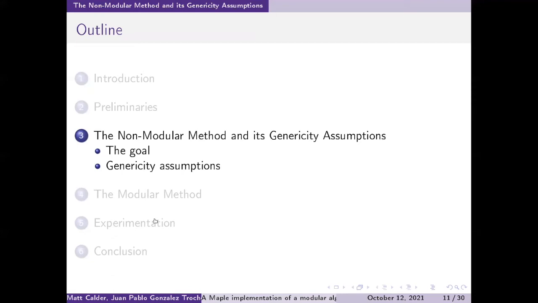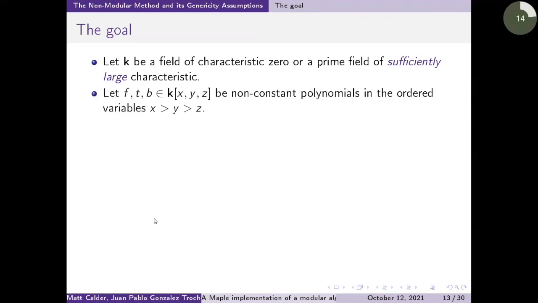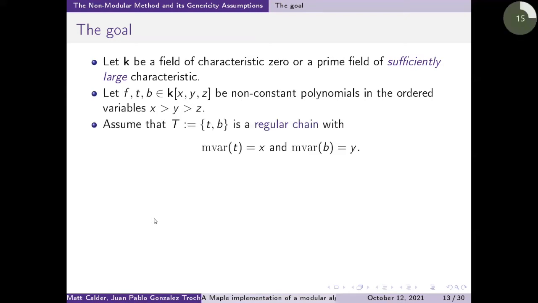Now we're going to explain the non-modular method and its genericity assumptions. The goal: let K be a field of characteristic 0 or a prime field of sufficiently large characteristic. Let F, T, and B be non-constant polynomials in the ordered variables x, y, and z, and assume that the set capital T composed by T and B is a regular chain with main variable of T, x, and main variable of B, y.